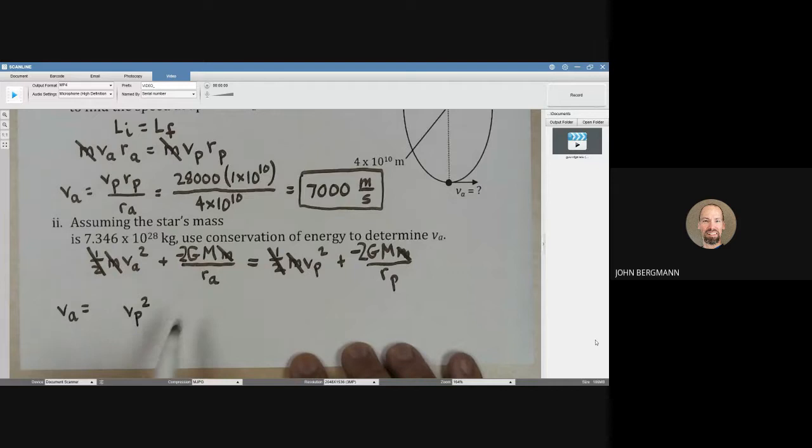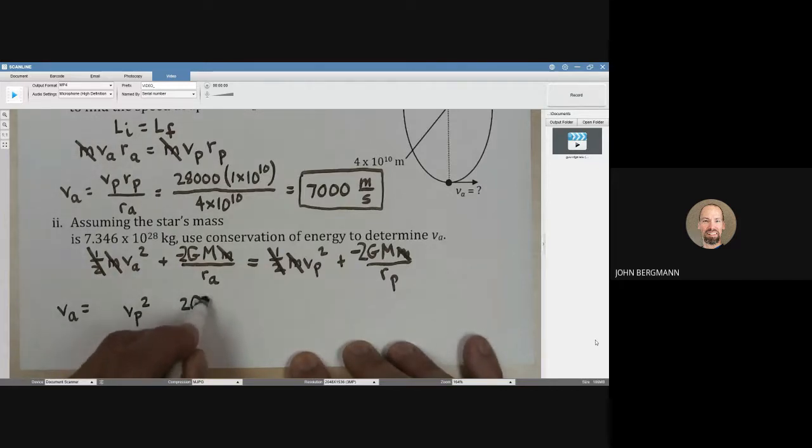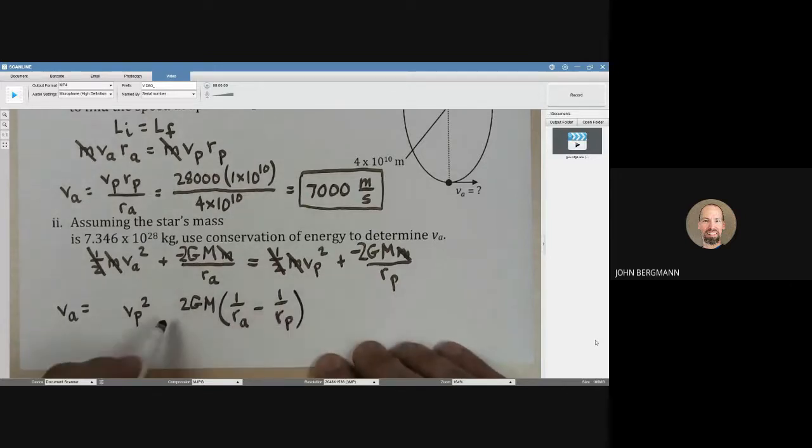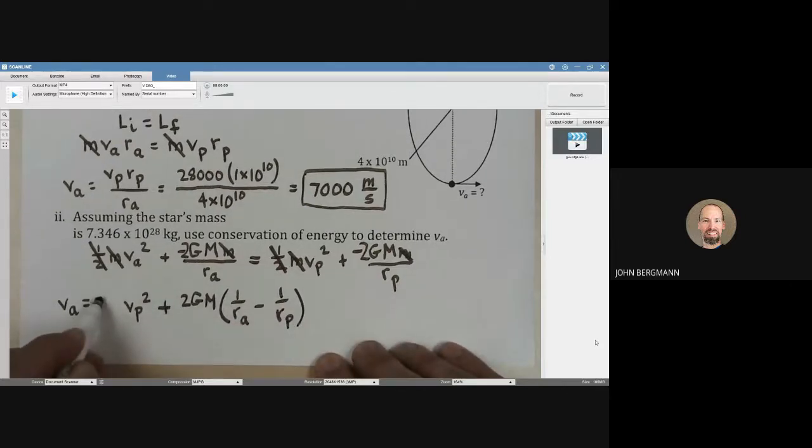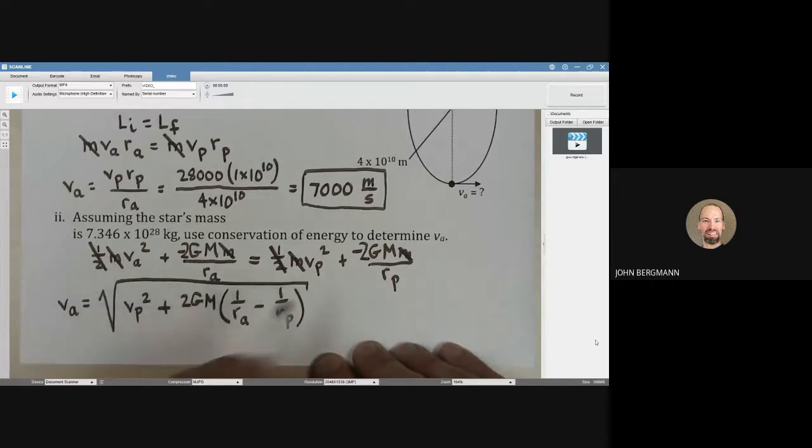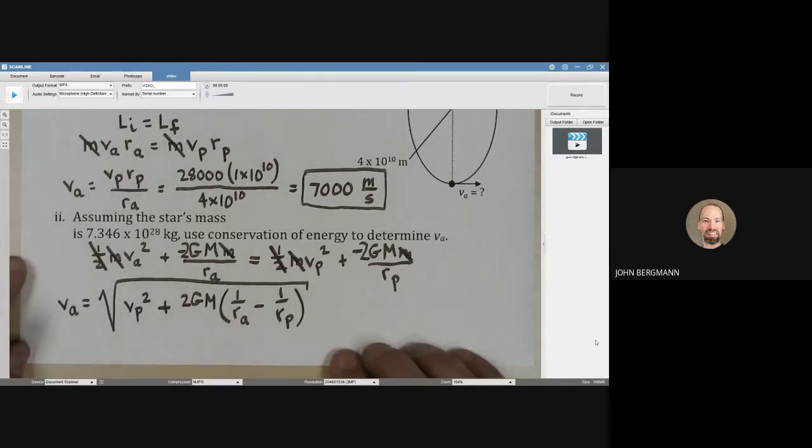And then we're going to put that over there. So we're going to get 2GM times (1 over RA minus 1 over RP). Close parentheses. Add those up. Make the square root. All right, I went through that a little bit quickly, but you check and make sure that we're good there.